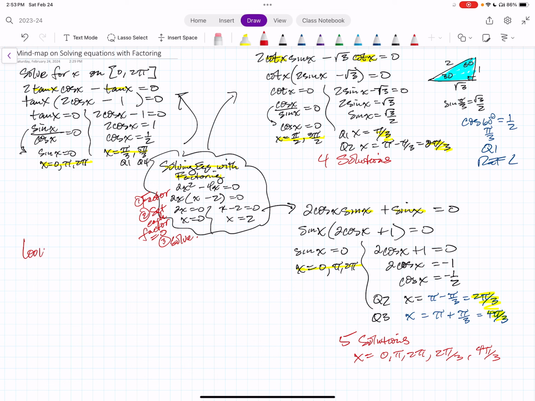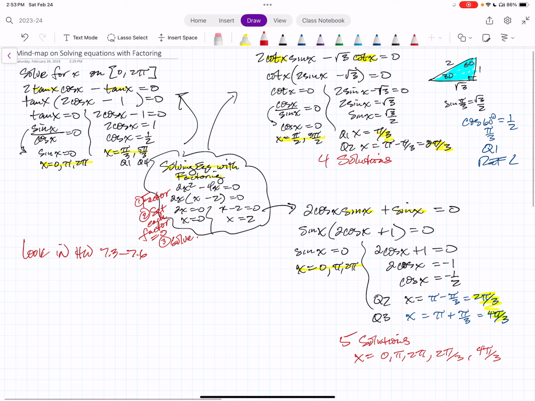Look in homework sections 7.3 through 7.6 and find another example and extend this mind map. I challenge you on that. You're supposed to do your homework, but then you're supposed to master and practice your homework. So go search for another one. I can guarantee you there's one in there. Then practice this really well, because guess what? This stuff's on the exam too.